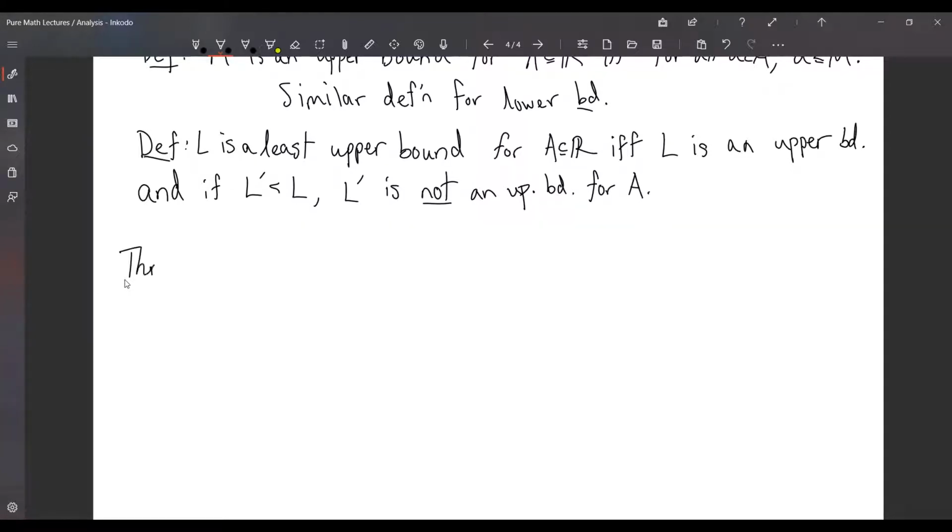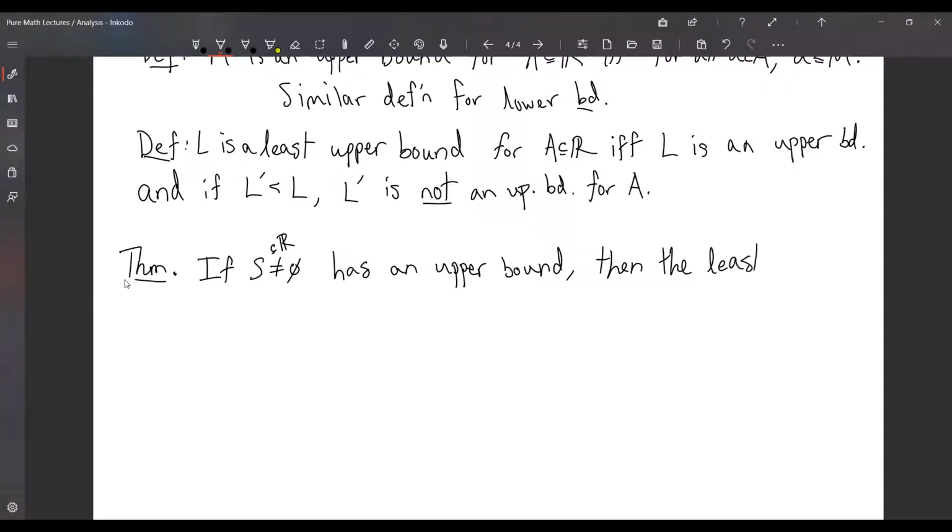So this is going to be the first sort of deep theorem that we will encounter: if S is some non-empty set, so this is a subset of the reals, and if this set has an upper bound, then the least upper bound exists.